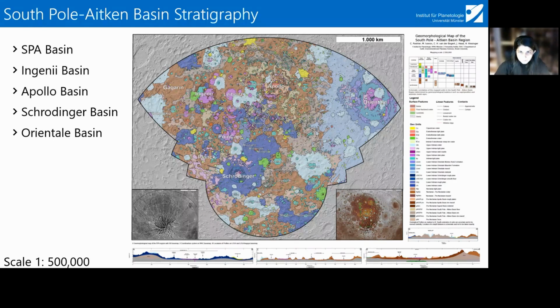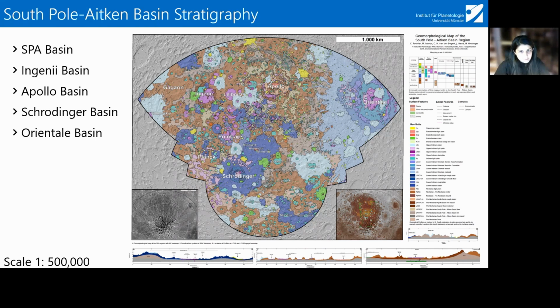One is SPA rim material, which consists of this light brownish color. You see that's massif material. It could be not an exposure of the rim itself, but the presence of SPA rim material could be in these massifs. The second stratigraphic marker is Engini basins, where we can see some of the rim material as well.